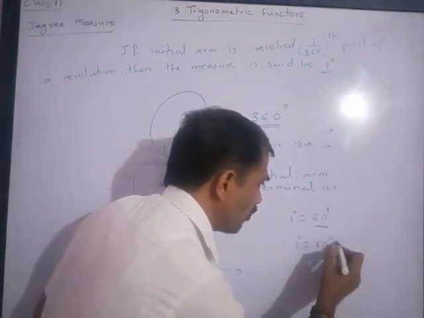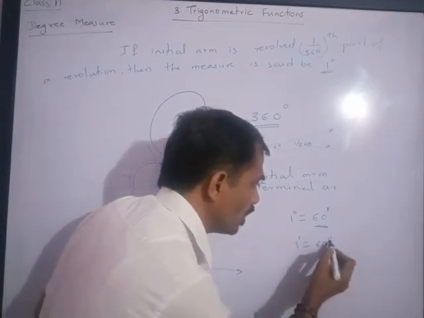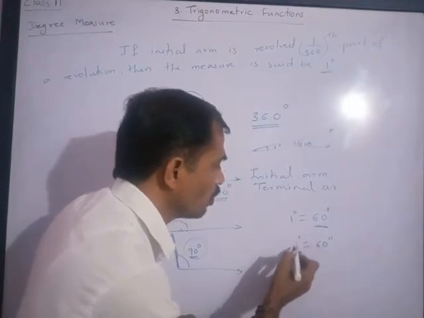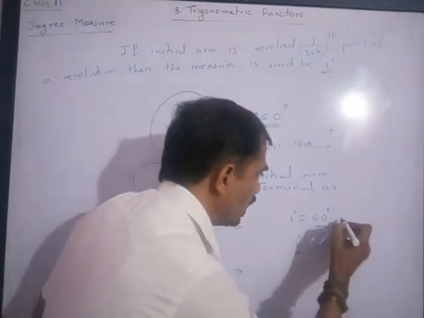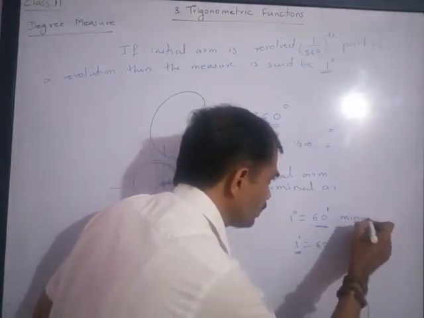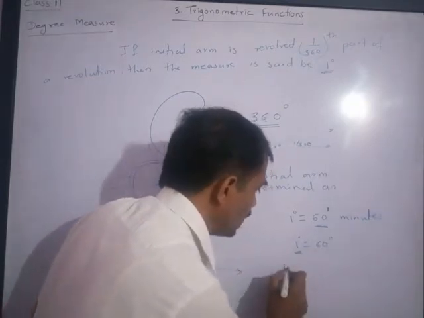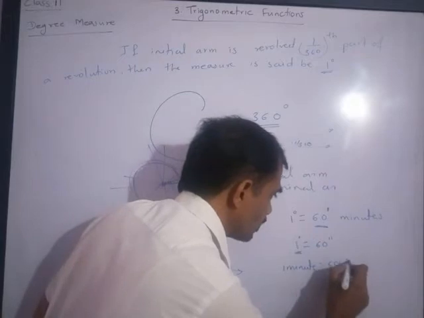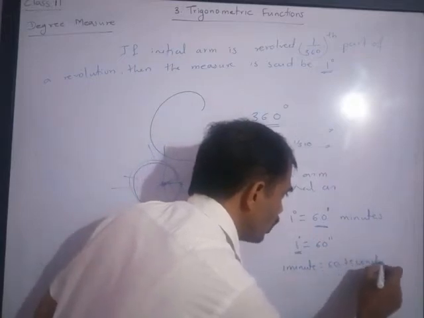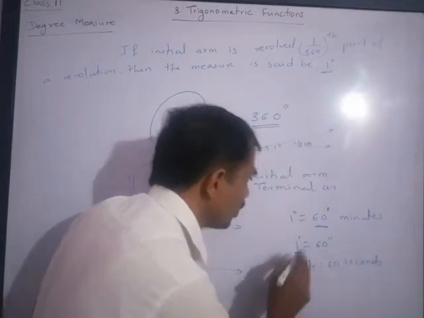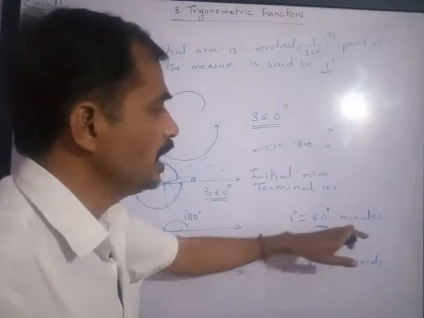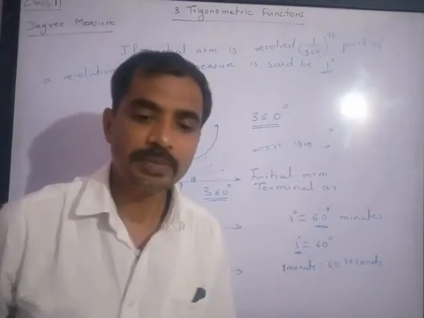Please note, for seconds we give a double comma and for minutes one comma. So 1 degree is equal to 60 minutes and 1 minute is equal to 60 seconds. Please note, the spellings are the same, but these are related to degrees, minutes and seconds.